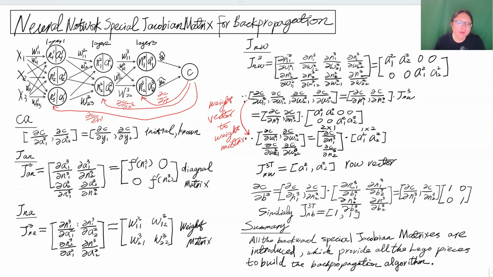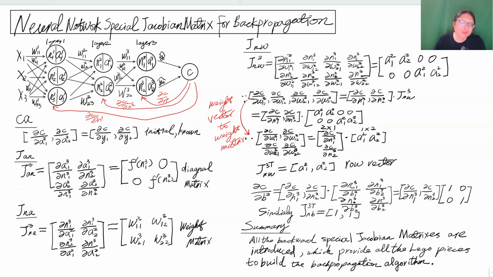Here, similarly, we write the full form of the Jacobian matrix so that we can observe the structure. And we can easily see that this Jacobian matrix happens to be the weight matrix.